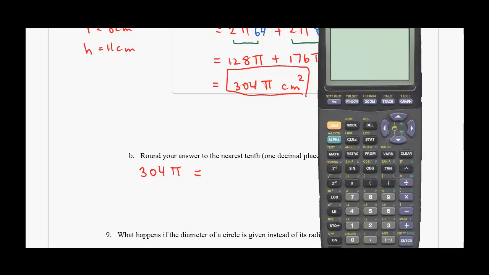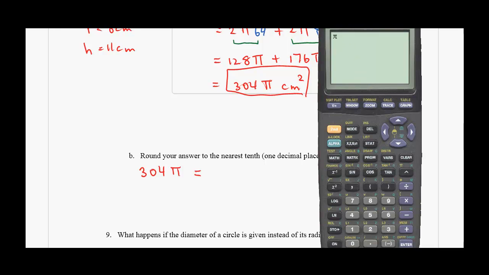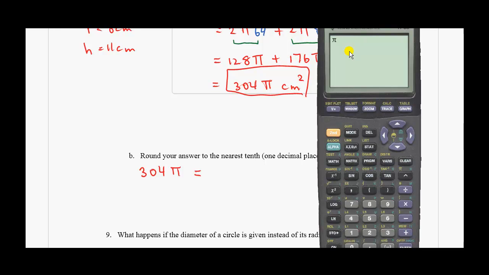For me to be able to access pi on this particular calculator, as you can see right here above this button, or below the clear button, the symbol pi. Second function, and then to access the pi value, I will hit that button there, and you can see that pi appears on my screen.